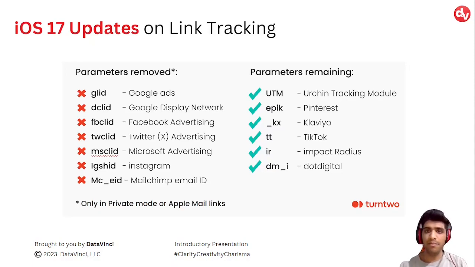But the parameters that would remain are the UTM parameters and other platform parameters such as Pinterest, Epic, Klaviyo's, TikTok, etc. So these parameters would remain, but the click identifiers would be trimmed off, but only if the user is in private mode or from the Apple main links.